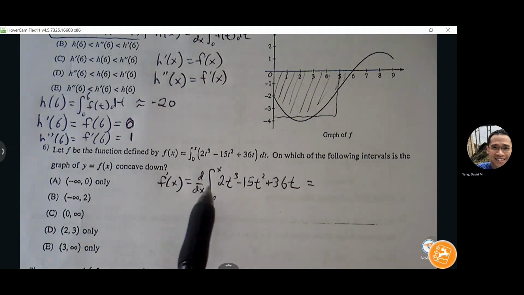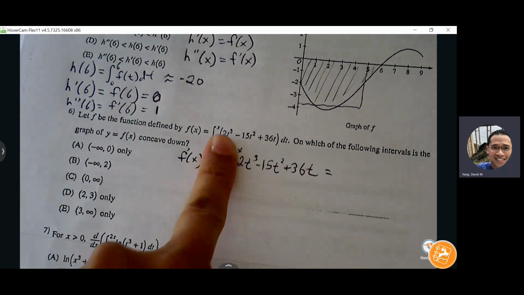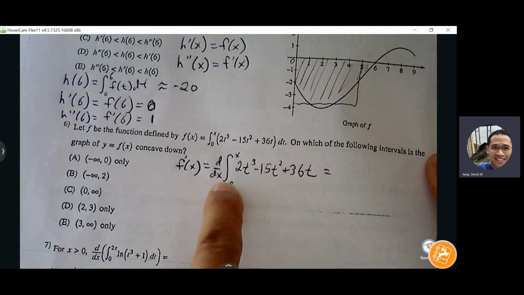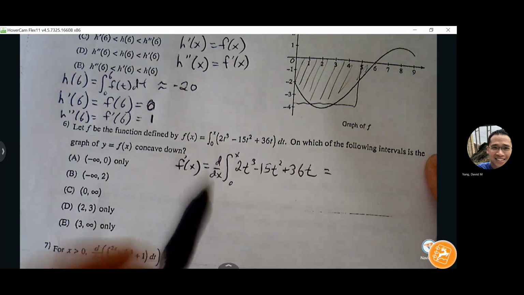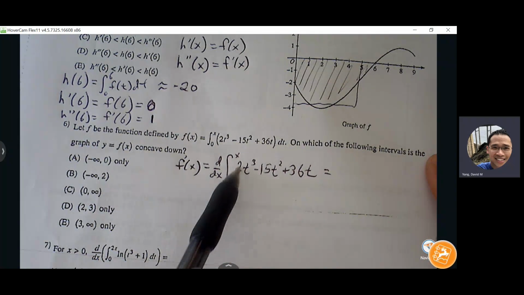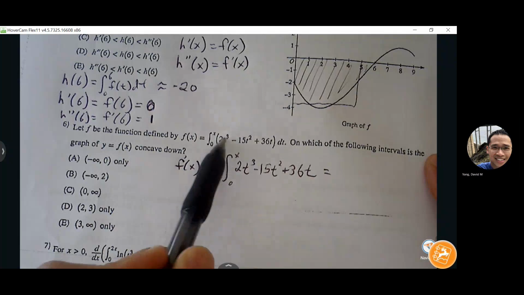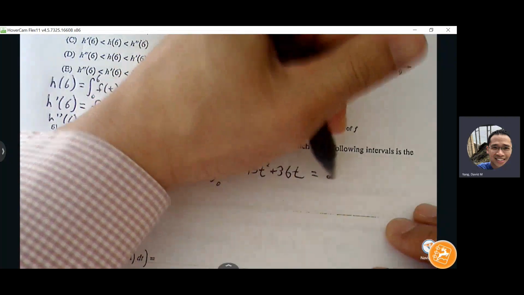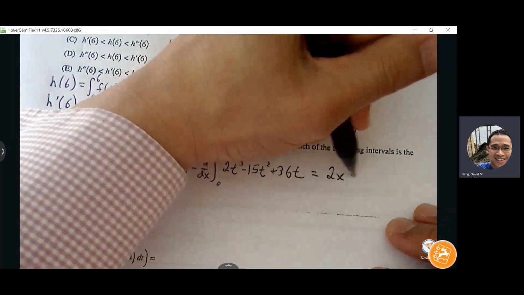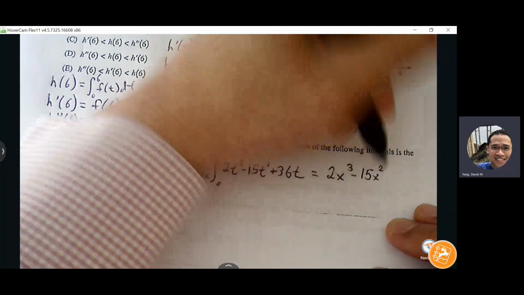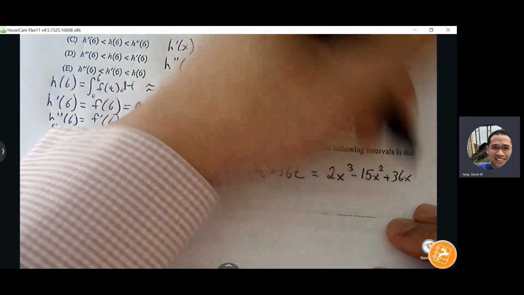Well, it's not just this, right? If it was just this, then yeah, it'd be 6t squared minus 30t, but it's the derivative of the integral of this expression. What's going to happen with these two operations? Cancel each other out, and then I just need to plug in the x, right? So really, it's just 2x cubed minus 15x squared plus 36x.